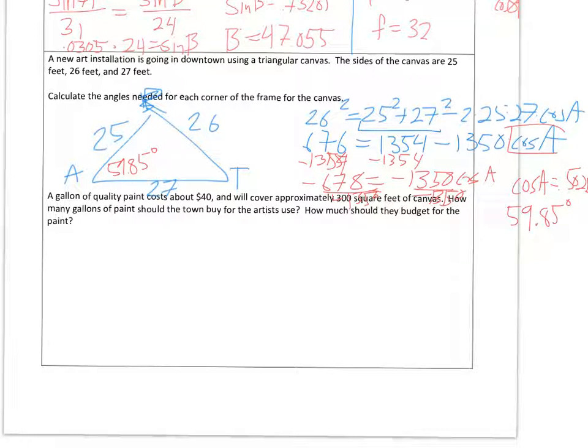Okay, so if we know that 1 gallon is 300 square feet, I probably should figure out how many square feet this whole thing is. I could do this a couple ways. One would be to draw an altitude and figure out what that height is. I know what the base is. Another way I could do this is to say that area is equal to 1/2.